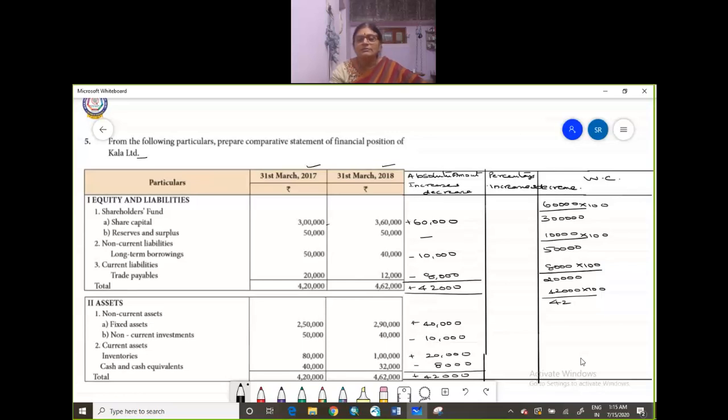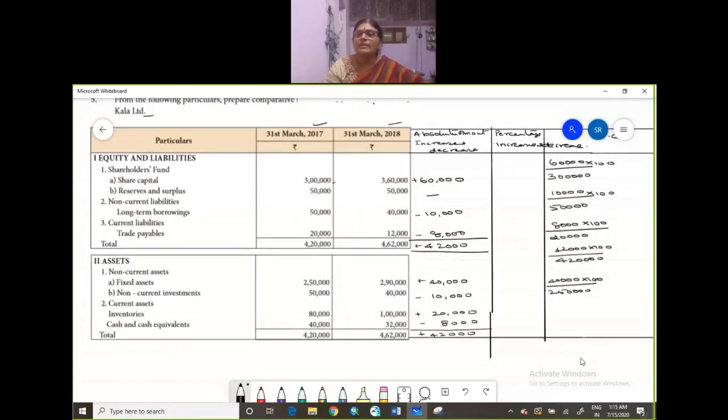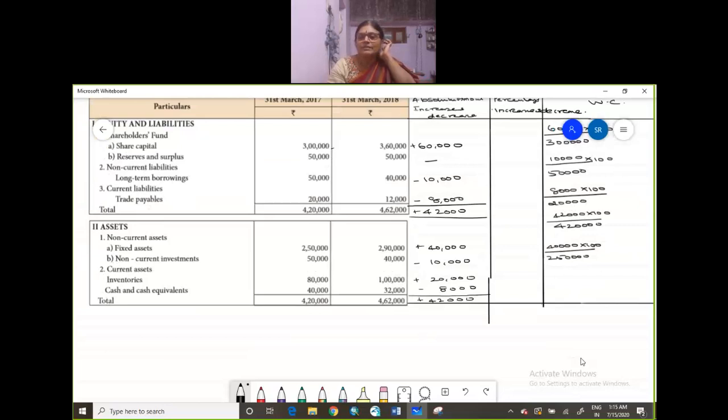Fine. Now let's see the asset side. 40,000 is increased, into 100, and the balance in the first year was 2 lakh 50,000. Then 10,000, minus 10,000: your non-current investment is reduced by 10,000.